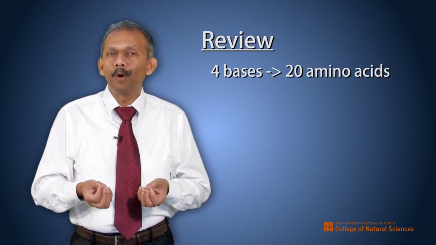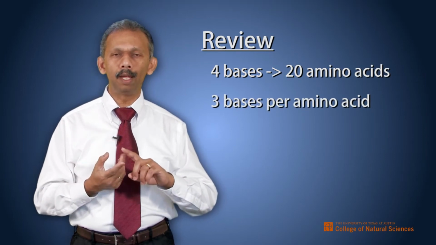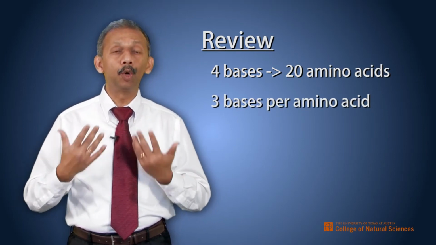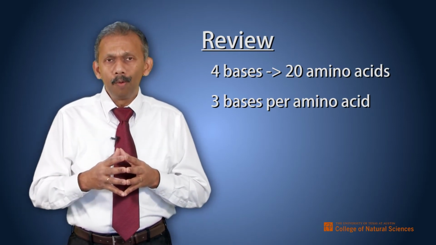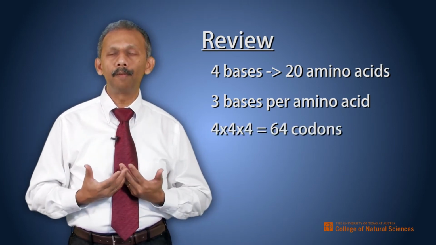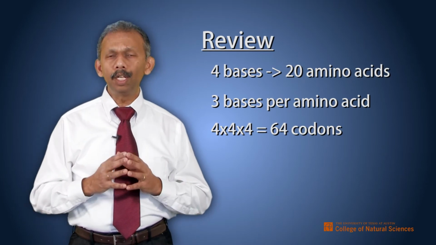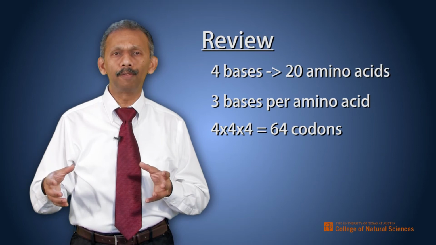So the scientists proposed you should have a minimum of 3 letters, like G, A, U, or G, A, C, or U, U, U, and so on, to make 20 amino acids. If you make a combination of 4 times 4 times 4, or 4 to the power of 3, 4 cubed, that is 64 codons. Scientists made all possible sequences of RNA using those 64 codons.